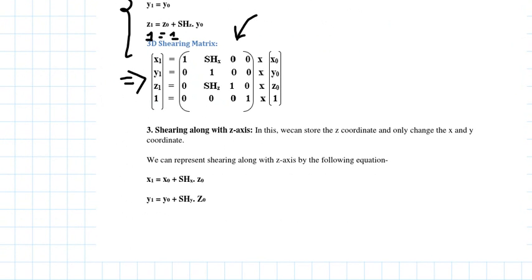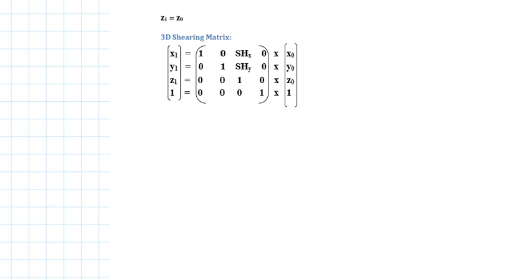x1 equals x0 plus, and this is the portion of the change which will take place in the x coordinate value by a factor of z coordinate value, SHX multiplied with z0. Similarly, y1 equals y0 plus SHY multiplied with z0, and there will be no change in z coordinate value.